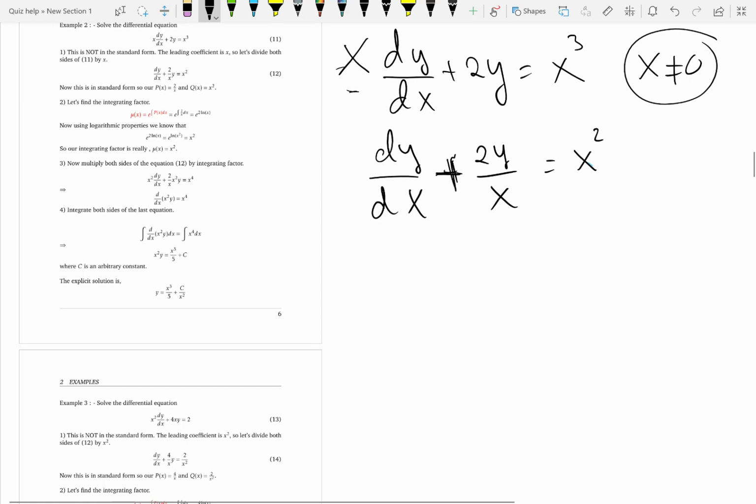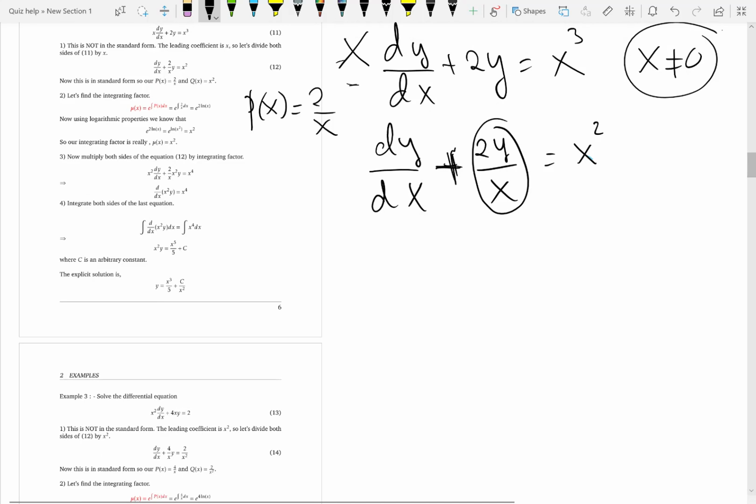Okay. Now that we have the standard form, the next thing we should ideally do is identify our p correctly. p is the coefficient of the y term, so the coefficient of y here is 2 over x. That is my p. After you identify p, the reason we identify it is to find the integrating factor.